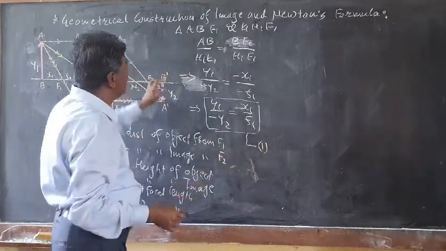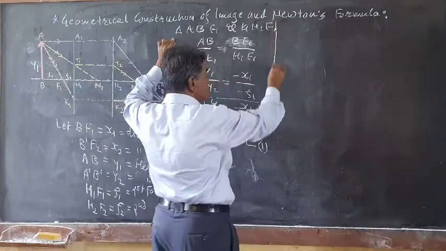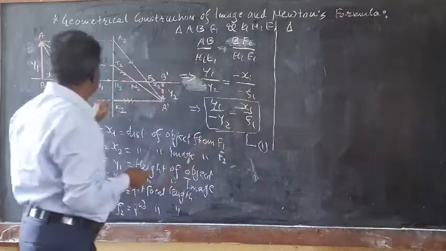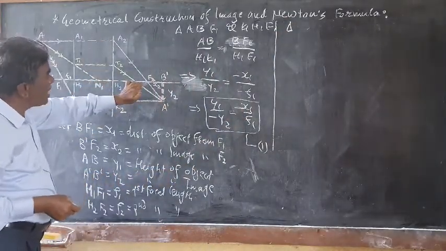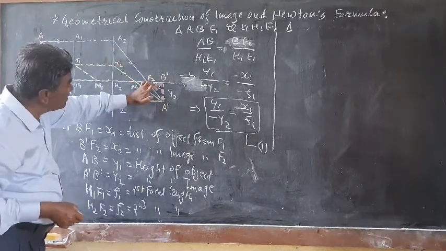Now similarly here, from similar triangles, we can also write for the other two on this side. So you have to observe E2 S2 F2, this big triangle, and the similar triangle is here.